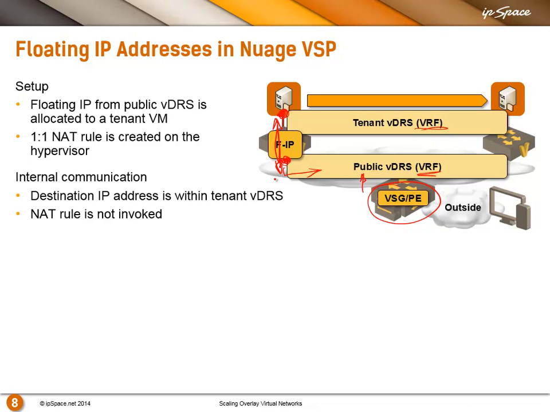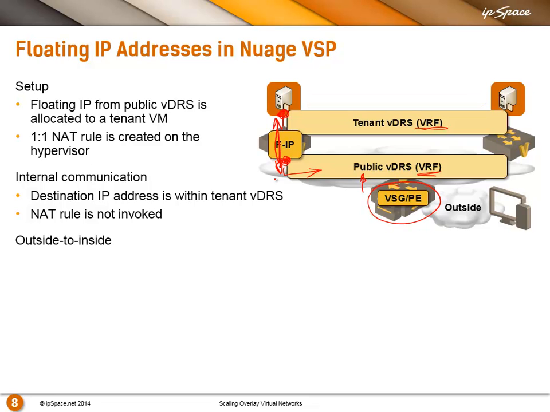If the VM sends a packet to another VM or another IP address within the tenant routing system, then obviously the VRS knows where to send the packet, and the packet is sent within the tenant VRF.